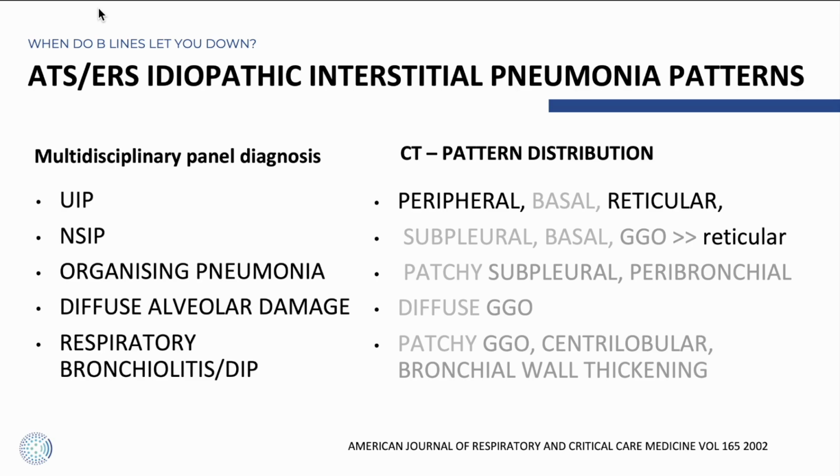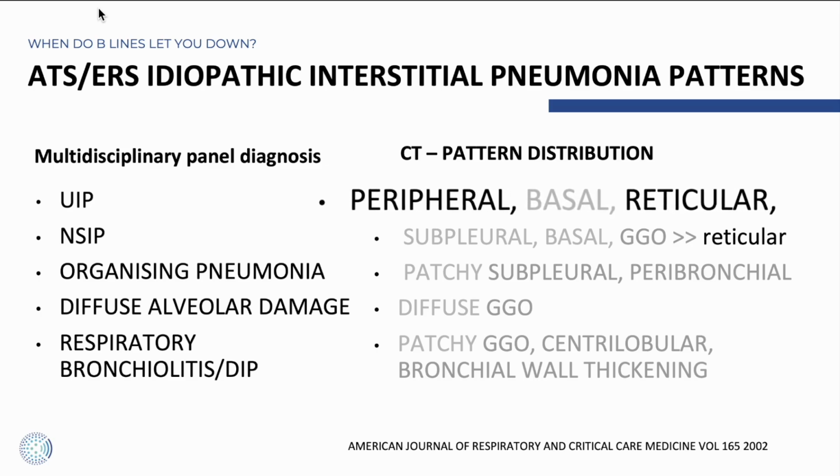But then we gray out the qualities that are poorly demonstrated in lung ultrasound, such as the GGOs. So you can see it doesn't really leave us much that we can see under lung ultrasound in terms of CT pattern distribution.